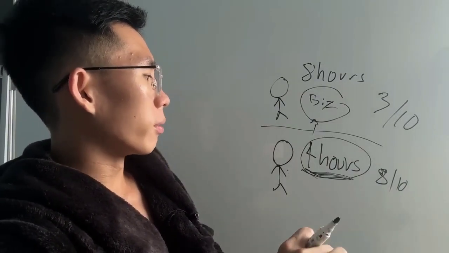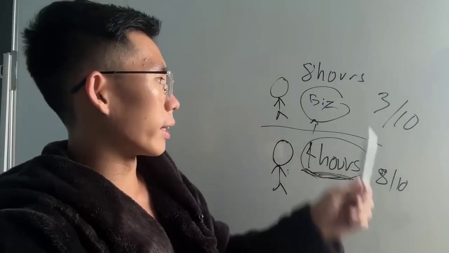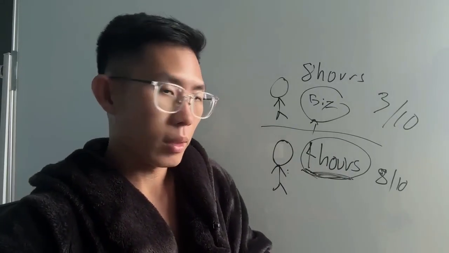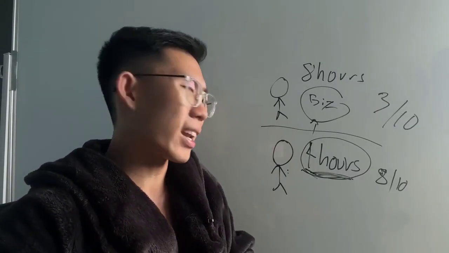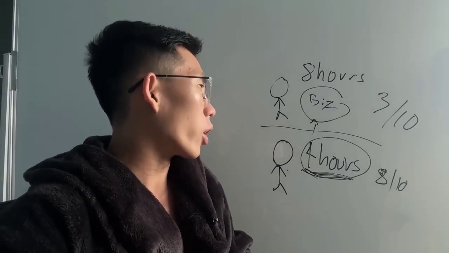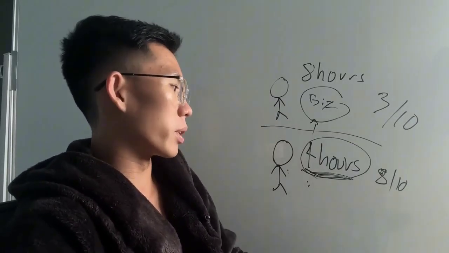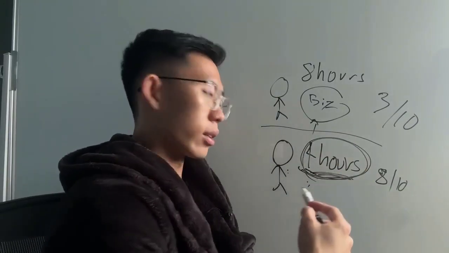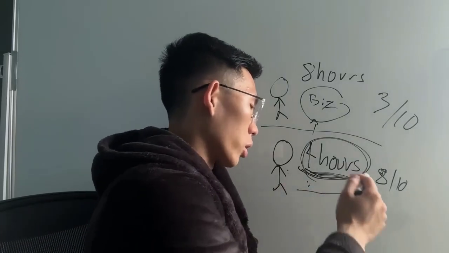So in reality, if you look at this, who do you think is going to get more done? Guy A, who is kind of distracted, not really going all in on his business, or guy B, who's going all in on his business and works less? Obviously guy B, because he's able to focus better.